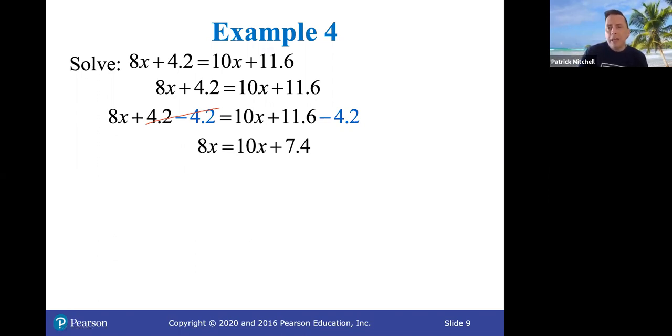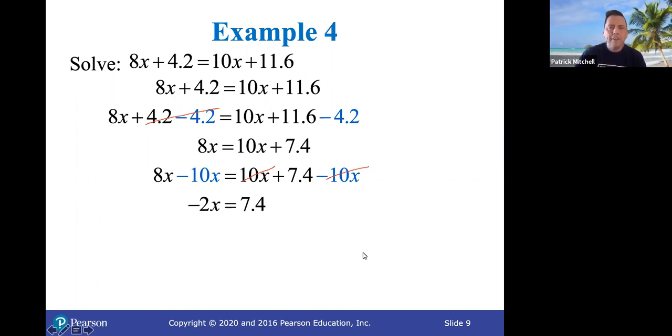So now my only constant term is on the right side. I need to put my variable terms on the left side. So I'm going to subtract 10x on both sides. And of course, that is going to get rid of this, and it's going to leave us with negative 2x equals 7 4/10.